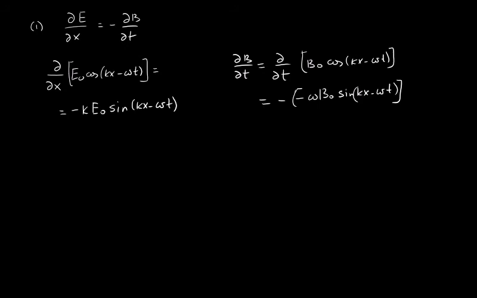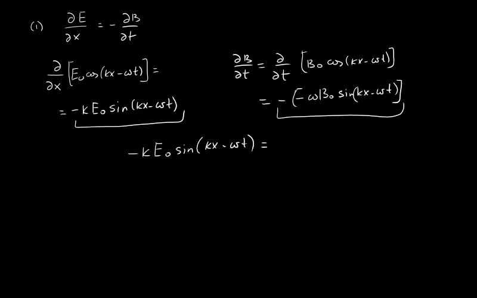Now let's plug this back into our equation 1. This is to the left and this one is to the right. So we have negative k E naught sine(kx minus omega t) equals the negative in front of dB/dt, and we have a plus here when we took the derivative, so it would be omega B naught sine(kx minus omega t).